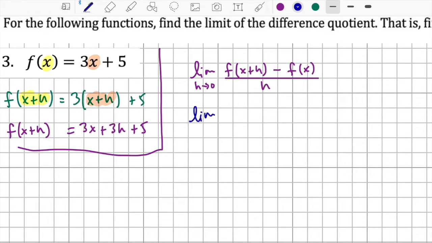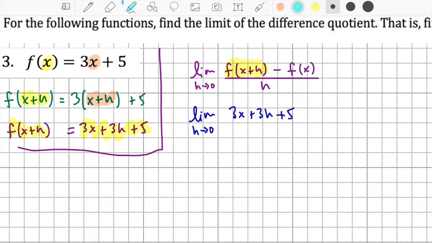So limit as h approaches 0. Now let's look at it. Here, let me highlight. Here we have to put f of x plus h. This is f of x plus h right here. So we're going to replace it with that. So it's going to be 3x plus 3h plus 5.